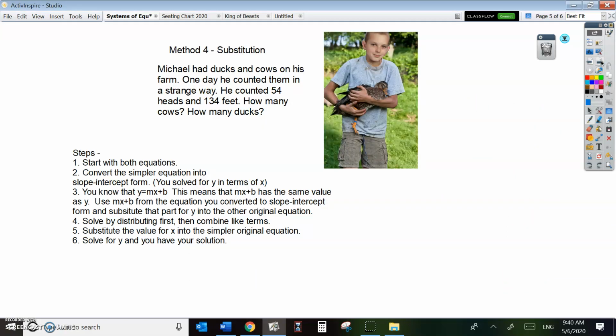Substitution. Convert the simpler equation into slope-intercept form. So we know we had two equations, x plus y equals 54, and 2x plus 4y equals 134. This equation is our simpler one, so convert it into slope-intercept form, and we've already done that: y equals negative x plus 54.